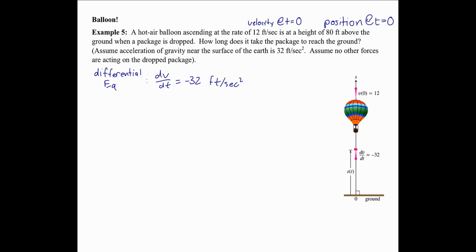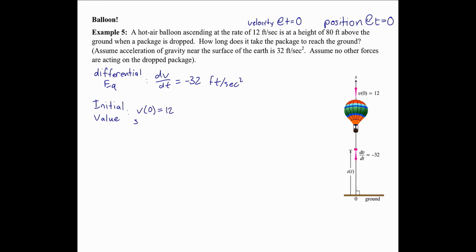And, well, we're also given a bunch of other information. So this is a differential equation, just simply because you can find its antiderivative. And then you also are given some initial information, the initial value, which in this case was given to be that the velocity at time 0 is equal to 12.